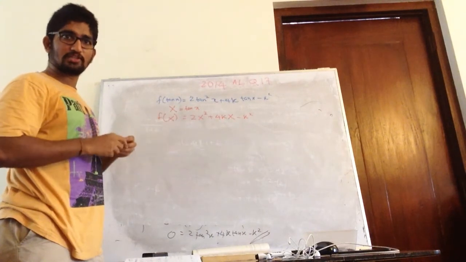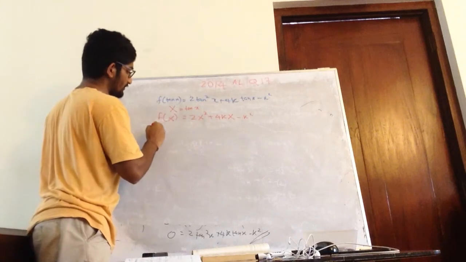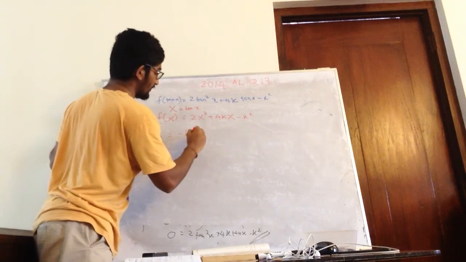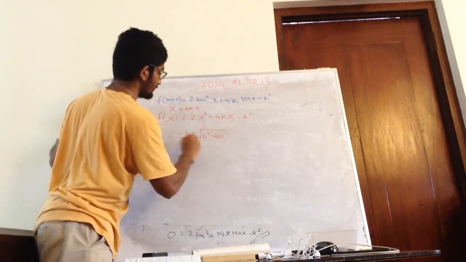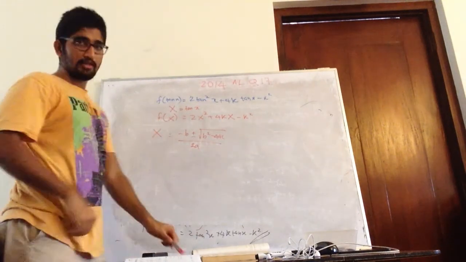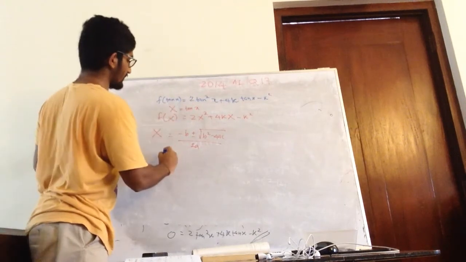So this is easier to understand. So what's the general solution? Minus b plus or minus the square root of b squared minus 4ac over 2a. Correct, no? So I'm just going to get the answer here.